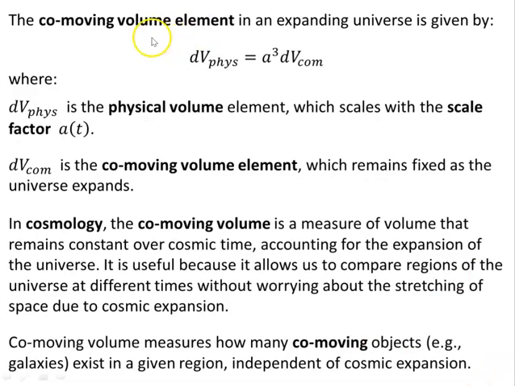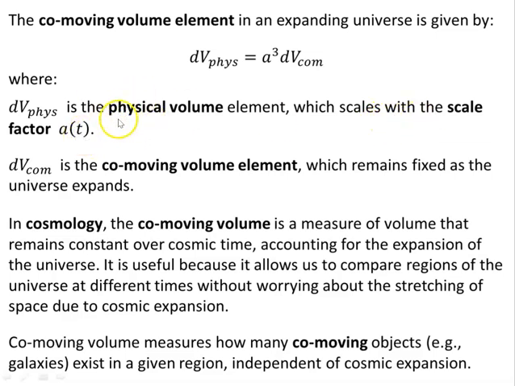All right, now co-moving. The volume element in the expanding universe is given by dV physical, the actual physical dimensions of the volume, equal to a cubed, the scale factor cubed, times the co-moving volume. So dV phys is a physical volume element which scales with the scale factor a of t.